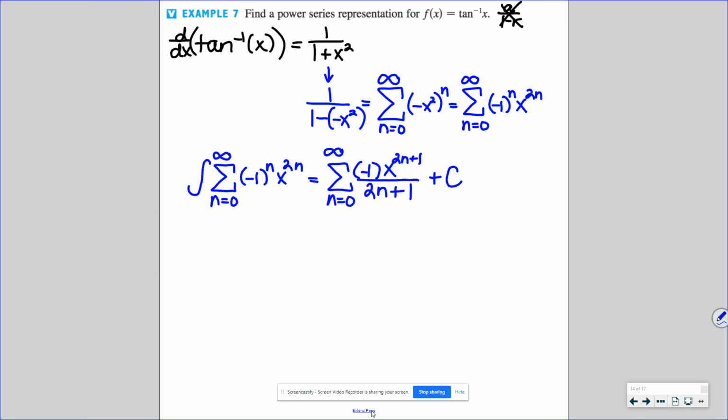Plus c, don't forget plus c. And then we can write down our conclusion. So the inverse tangent is equal to the series that we just wrote.